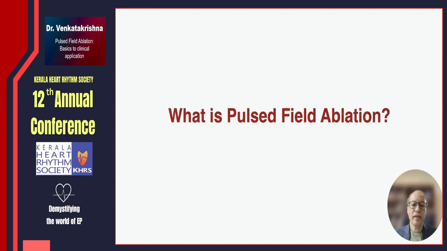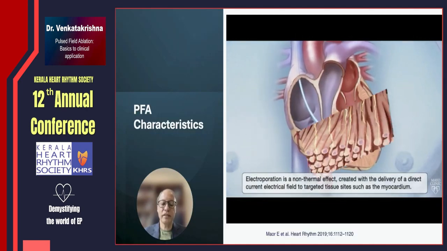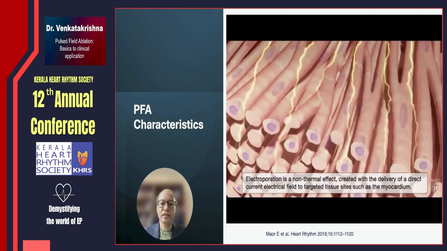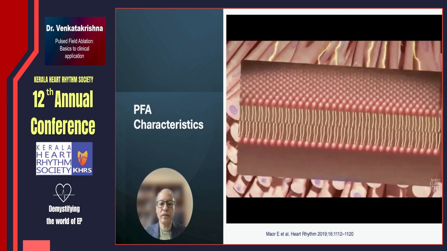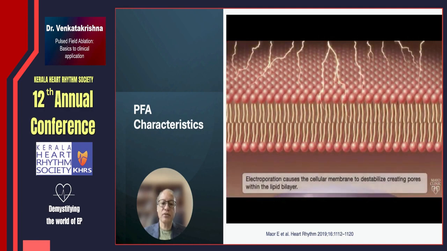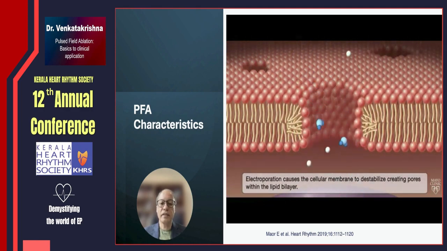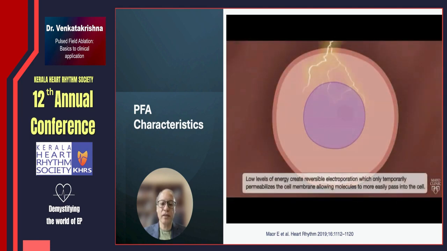So what is pulse field ablation? Let's look at this video. This video depicts the high voltage delivery on the cardiac myocytes using these pulse electric fields. When the high voltage is delivered, the effect that you see is on the cell membrane. The bilipid layer undergoes electroporation and the cellular organelles are affected.